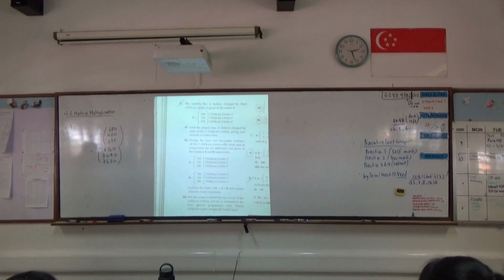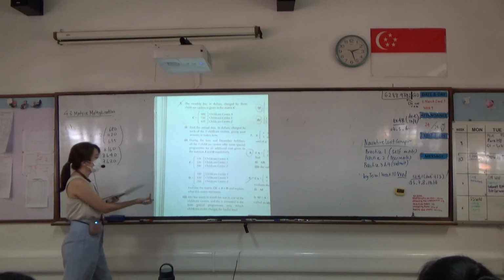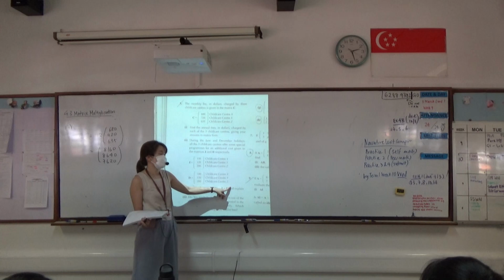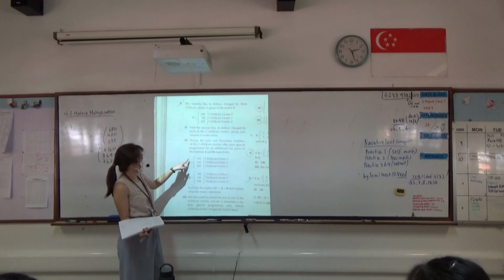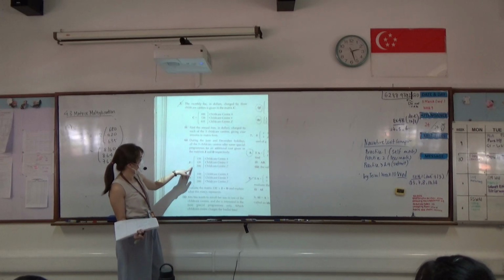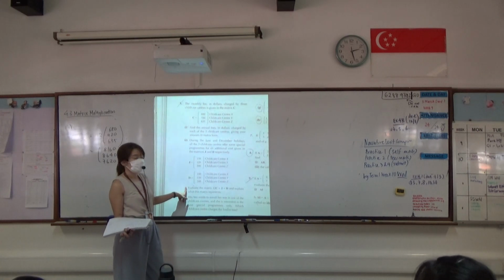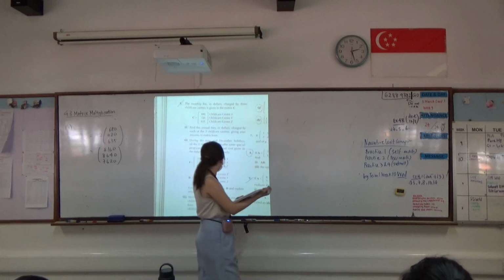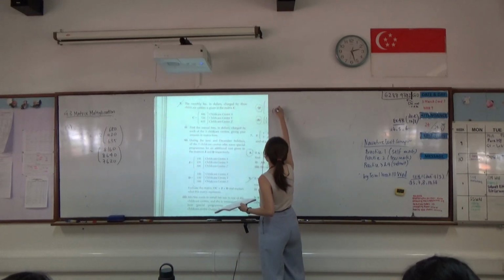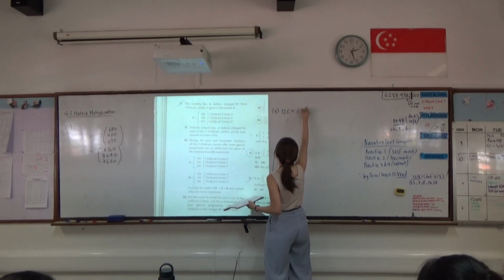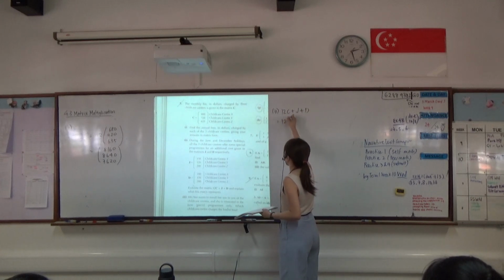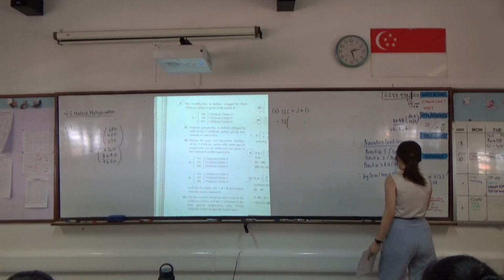In part 2, we want to evaluate 12C plus J plus D, whereby J is the matrix for some special program, and D is also a matrix for another special program. Could you do a quick calculation for 12C plus J plus D? I'll give you 2 minutes.